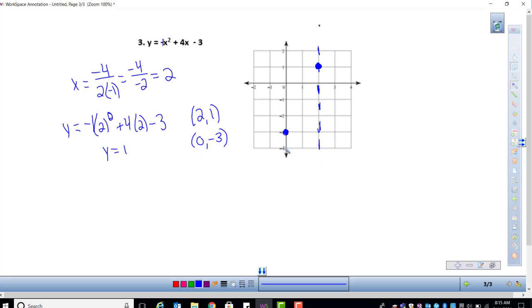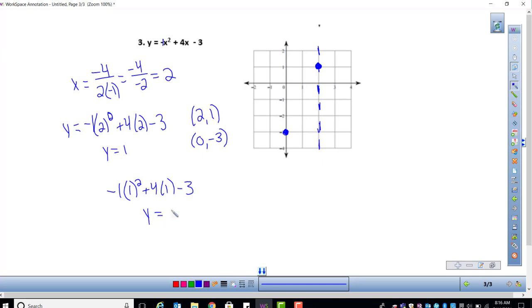Next step is to plug in another x value. So I have 2 points going this way. I could plug in negative 1, but I noticed that there's nothing here at 1, so 1 would be a little bit easier to plug in, and negative 1 might be off of my graph. So I'm going to choose 1, plug in, just like we did before. I'm going to put negative 1 on the outside so we don't forget about that. 1 squared plus 4 times 1 minus 3.